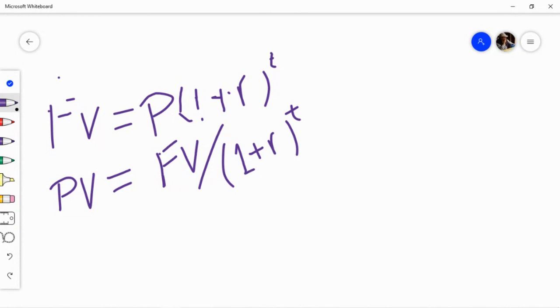Basically, we can solve for any variable. Think about it.